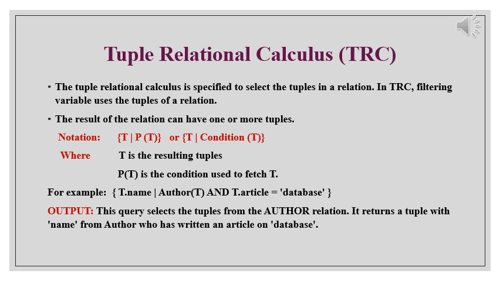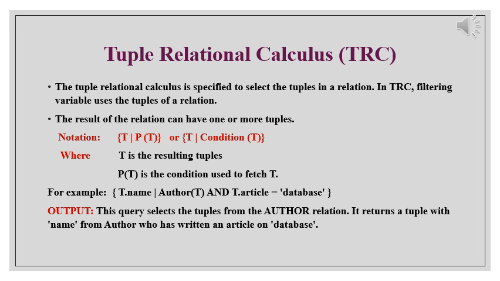P(T) is the condition used to fetch tuple T, or we could write it as {T | condition of T}, where T is the tuple and condition of T is applied.